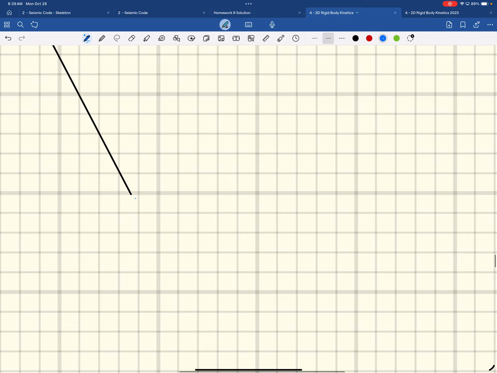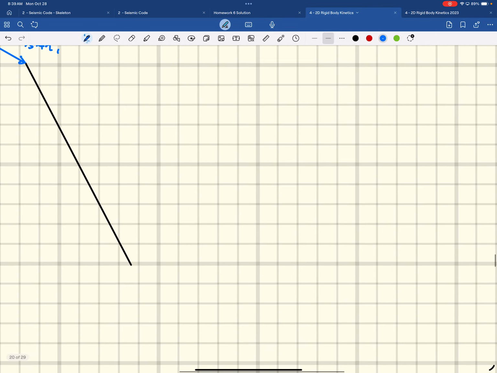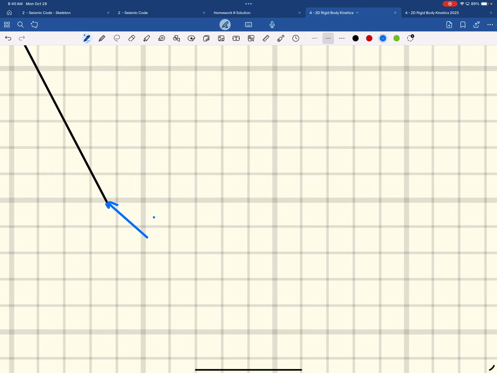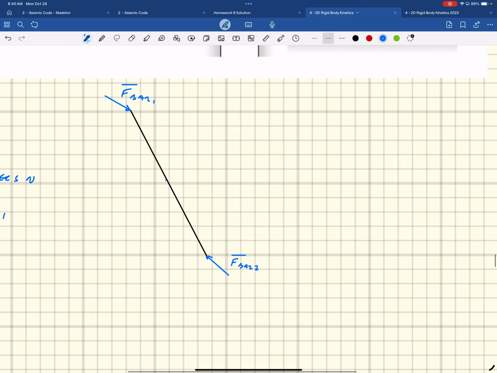And then the other side, that's F bar 1. On the other side, we're going to have another one. This is F bar 2. Okay. And then we're also going to have mass times gravity acting on this thing as well.